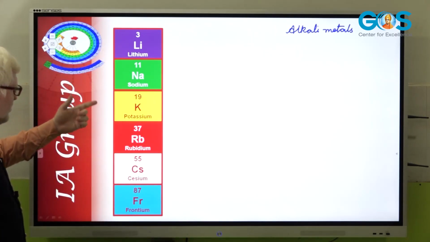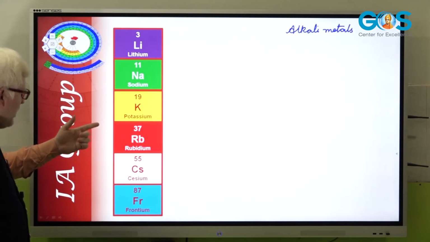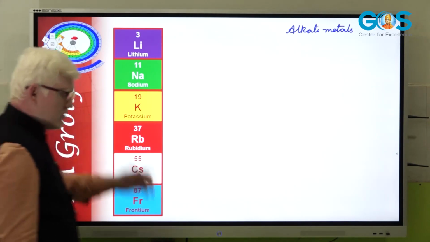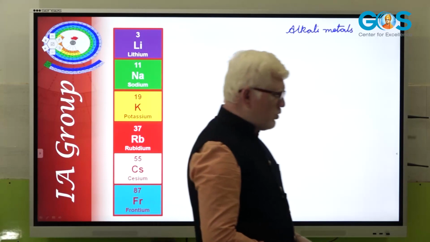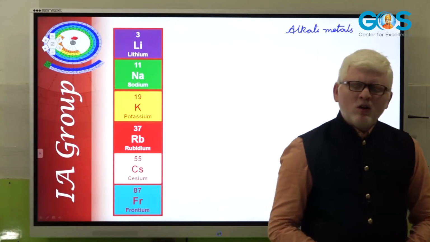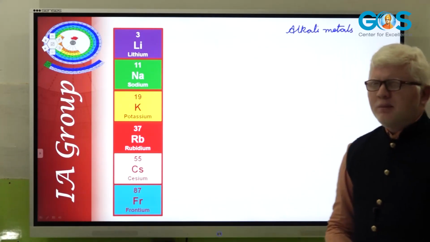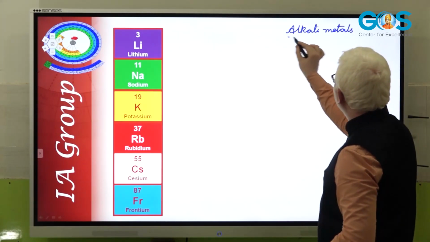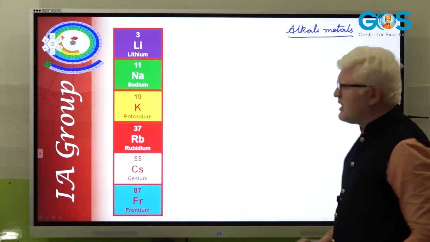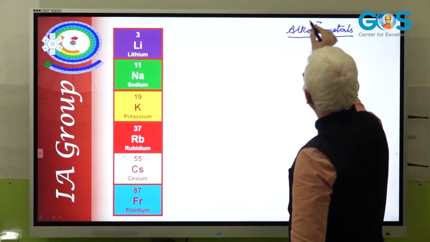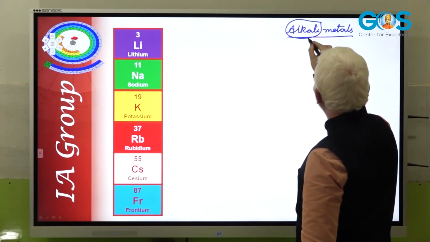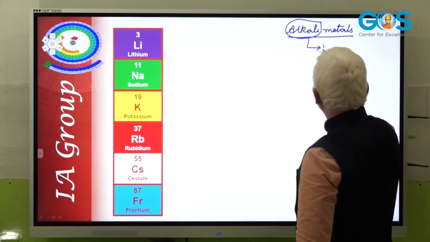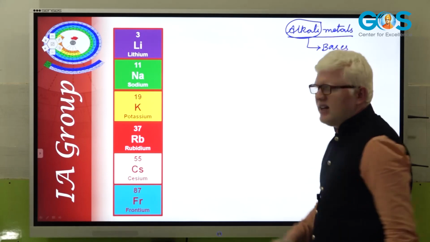Lithium, sodium, potassium, rubidium, cesium, francium. These all are called alkali metals. Why are they called alkali metals? What is meant by alkali?